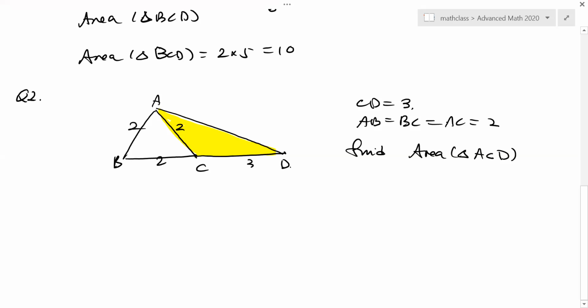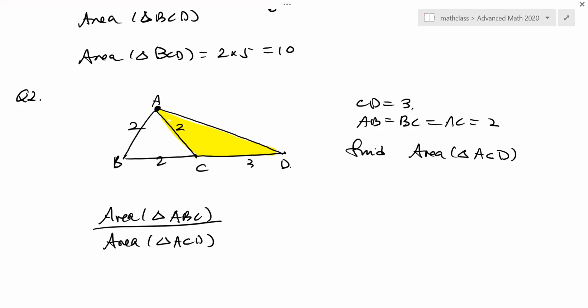The triangles ABC and ACD have the same height, because they share the vertex A. If you draw the vertical line, you get the same height.